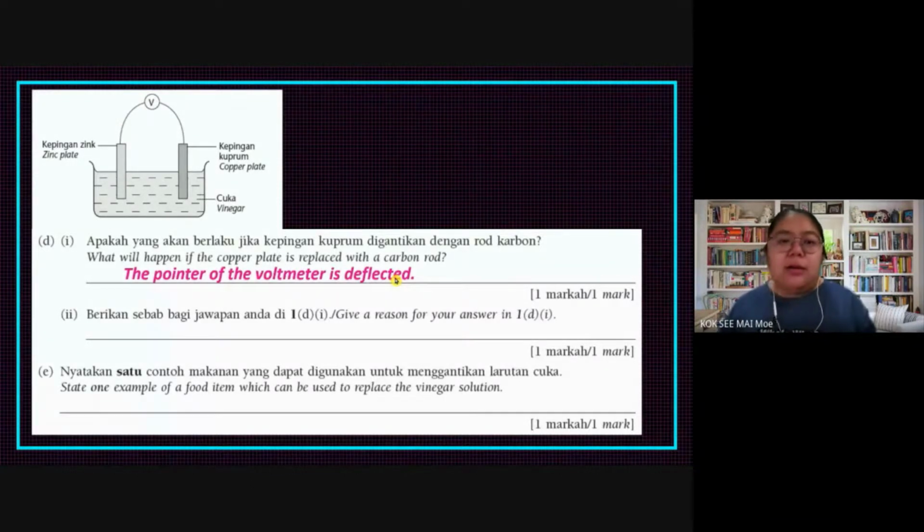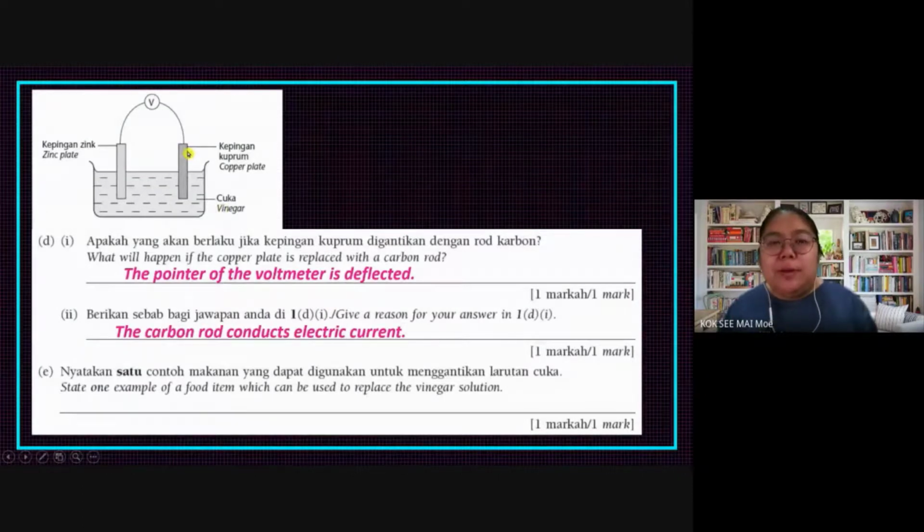The pointer of the voltmeter is still deflected, but the deflection is very small. The reason is the carbon rod can also conduct electric current. Unless you use an insulator, like wood, then nothing happens because wood cannot conduct electricity.